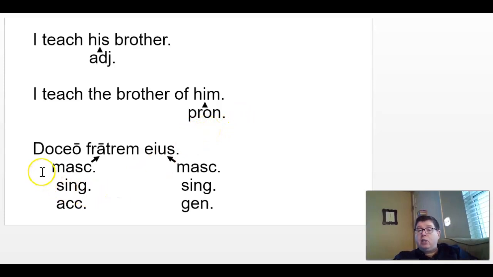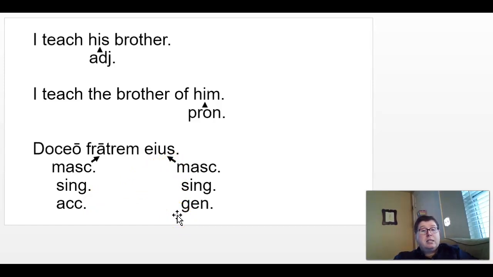And then we can say, well, doceo, I teach fratrem, my direct object, masculine singular accusative, eius, of him. Now again, eius is a pronoun. It's not an adjective that's modifying this noun. Notice how fratrem is masculine singular accusative, eius is masculine singular genitive. It's a pronoun.